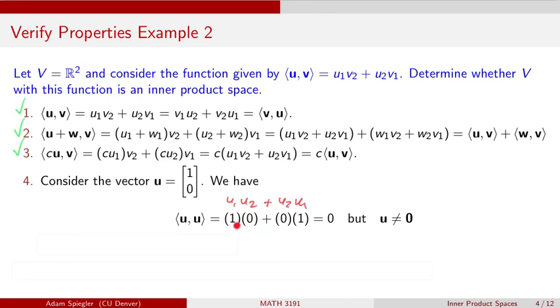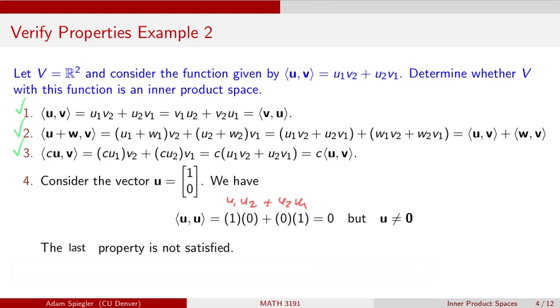And because both of these terms have u2 in them, which is 0, we get 0 plus 0 gives us 0. So here I found a vector u, which is not the 0 vector in R2, but the inner product of u with itself does give us 0. So this does not satisfy that fourth condition.